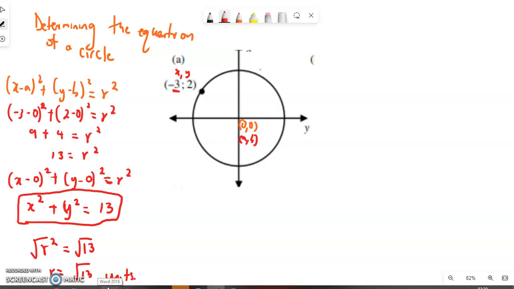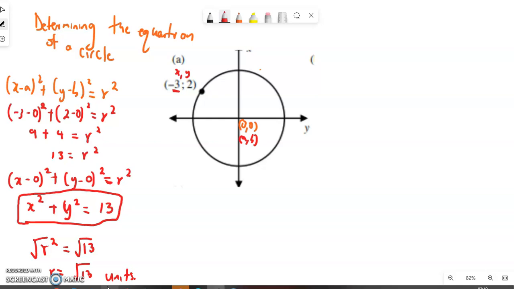Alright, so for this question, the most important part is to see where the center of the circle is, then use the given point which lies on the circumference of the circle. Then the standard equation is (x minus a) all squared plus (y minus b) all squared is equal to r squared.